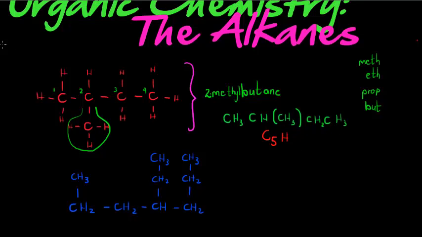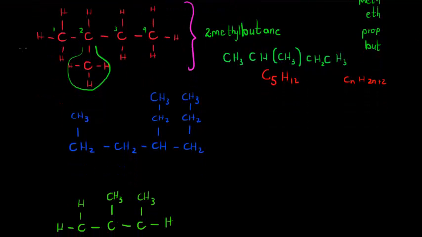But I noticed that because I know the general formula for all alkanes, whether they have branches or not, is that for every carbon there must be double as many hydrogens plus 2. So if there's 5 carbons, I must have a total of 5 times 2 plus 2, which is 12 hydrogens.